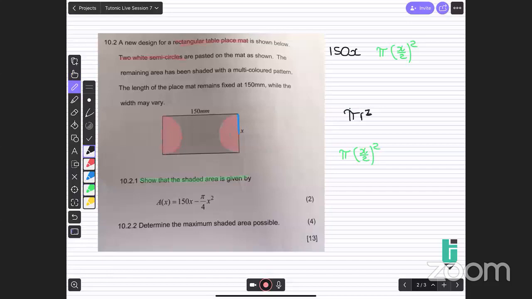Does that make sense? Yes. So simplify this for me. Pi over 4 x squared. And that's what they give, right? Yep.